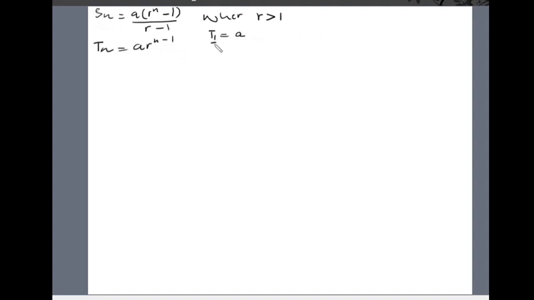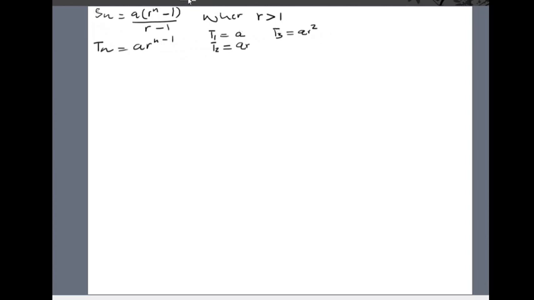And then when you substitute 2, you get the second term, which is ar, right? And when you substitute 3 in this general term formula, you get that term number 3 is ar squared. Okay.